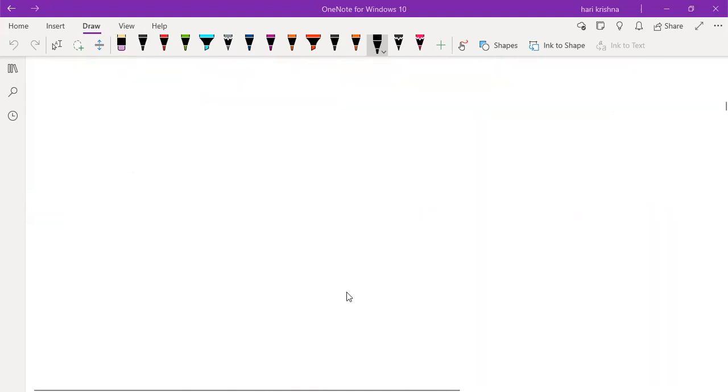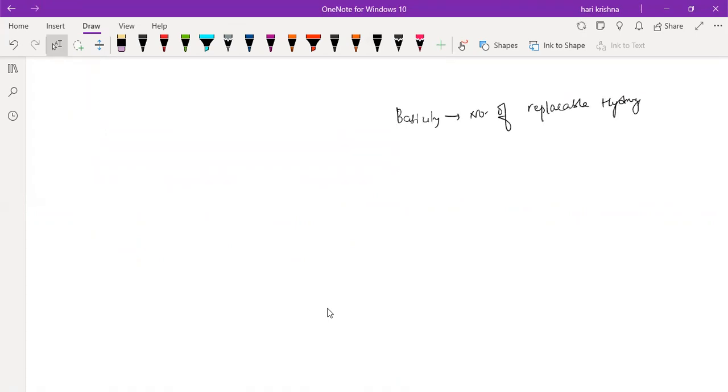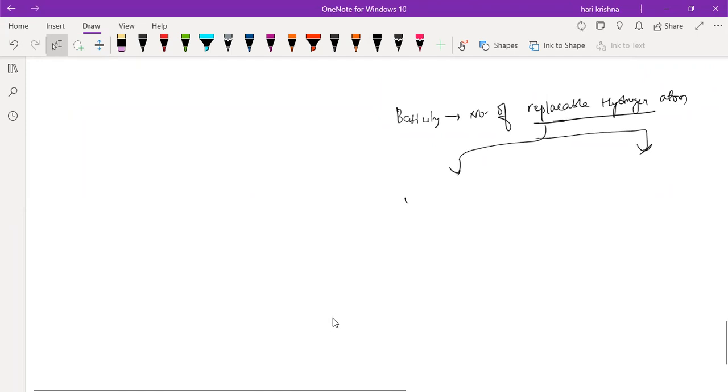I said basicity means the number of replaceable hydrogen atoms. Then what is the meaning of this number of replaceable hydrogen atoms? The number of hydrogen ions. The number of H plus ions produced when an acid is dissolved in water.